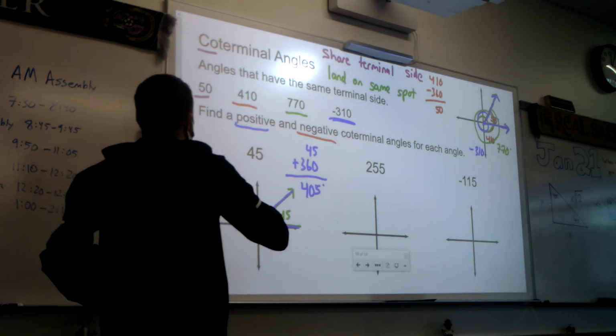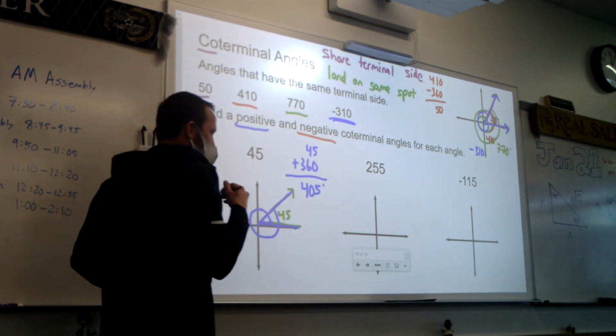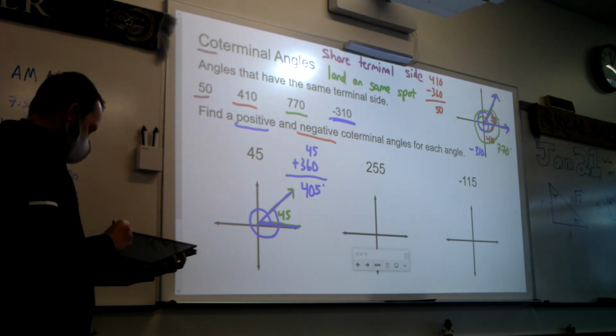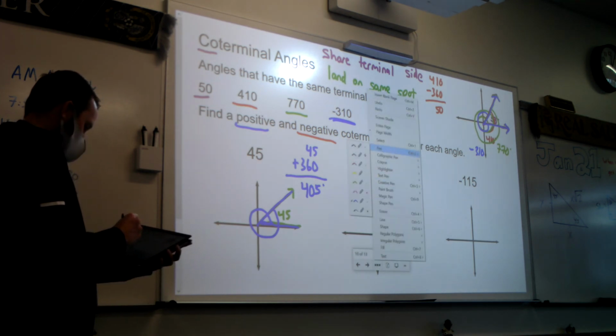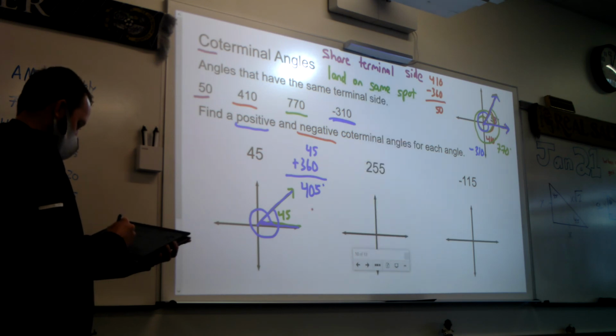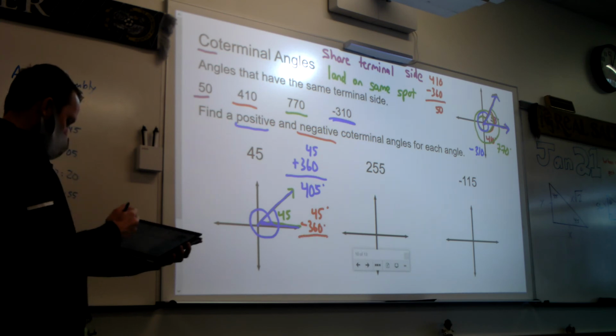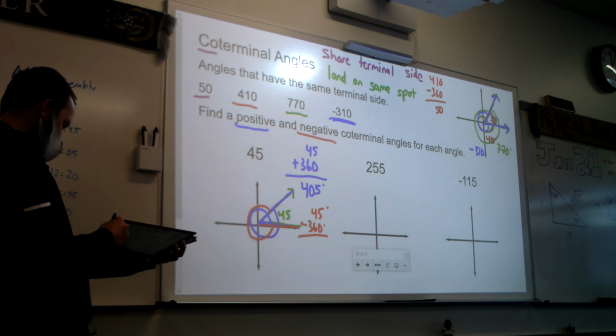So if I want to find a positive coterminal angle to 45, I just add 360. What if I want to find a negative coterminal angle to 45? What are we going to do, guys? Minus 360. So I'm going to do 45 minus 360. Visually, it's going to be starting here, and we're going to go the other way and land on it.